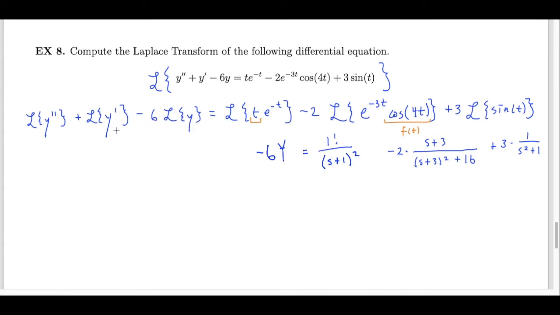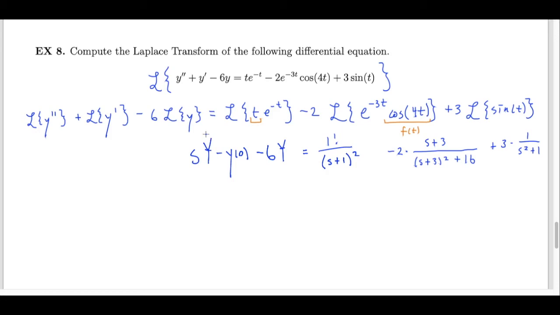Working my way backwards, we had a theorem earlier for f prime of t, and that was in terms of the transform capital F. And so I can apply that theorem here, and my transform will be in terms of the variable capital Y. So applying that theorem, I get these two terms here.